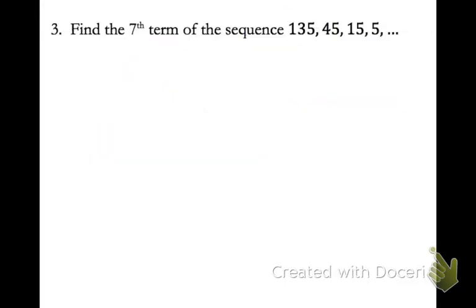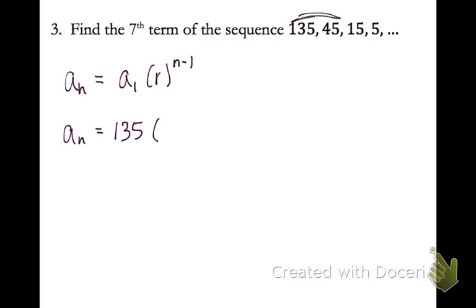Alright, now we're going to find the 7th term of this sequence. So what I need to do first is I need to write my formula out. My first term is 135. My common ratio here, so I need to figure out what my ratio is. I can't really tell by looking up here at the 135 and the 45, but if I look at 15 and 5, I can tell that I'm dividing by 3.